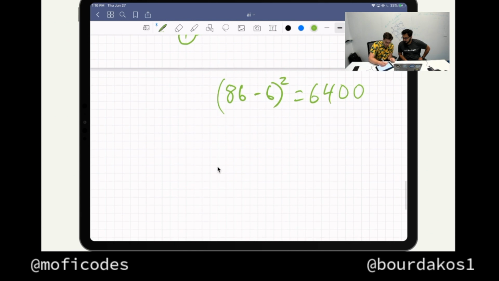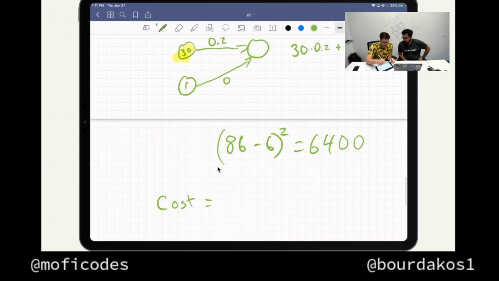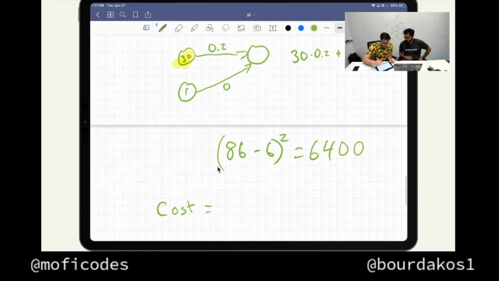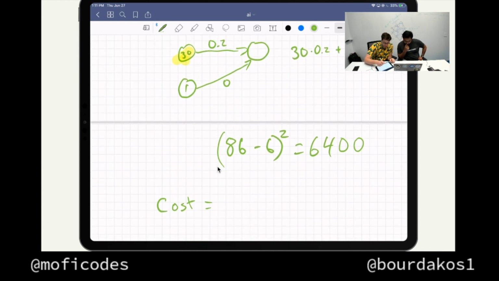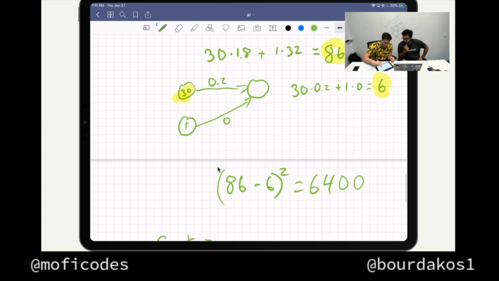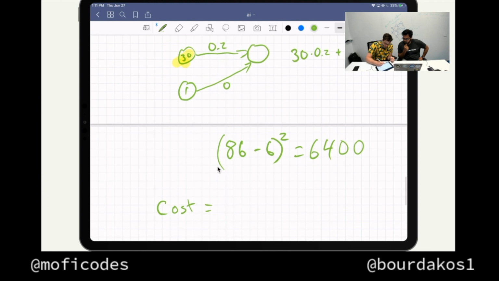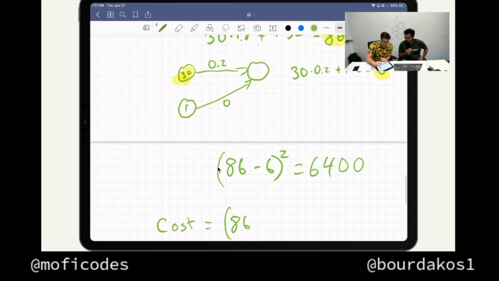So say we have this cost, and then we have the expected. And that's going to be a fixed number. So that's 86 in this example. And then we have this actual output. And we calculated this by 30 times the weight 1 plus 1 times the bias. So let's just fill that in here.